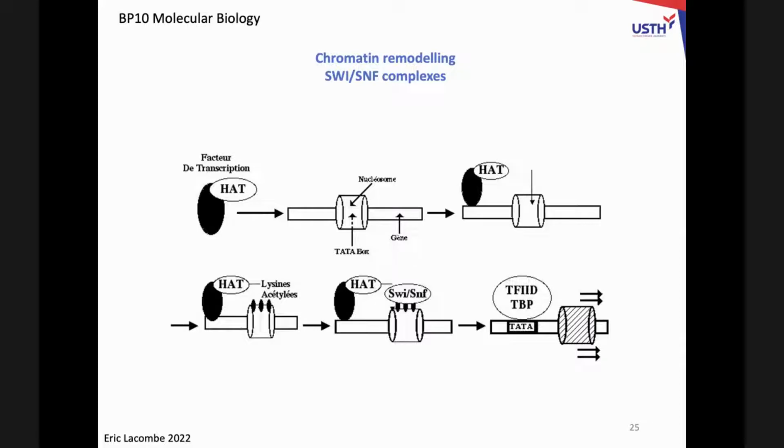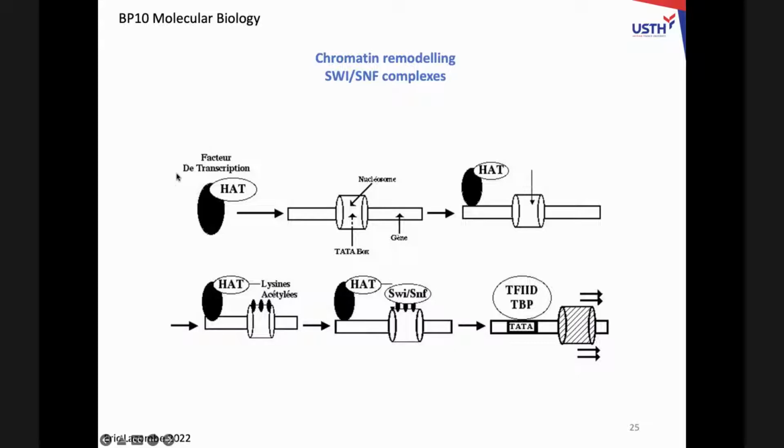But because this part of the genome is condensed, all the machinery of transcription cannot reach the DNA. So there is an alternative to global decondensation of the chromatin, which is just decondensation at the local place. Okay, and we saw that it was a kind of summary.